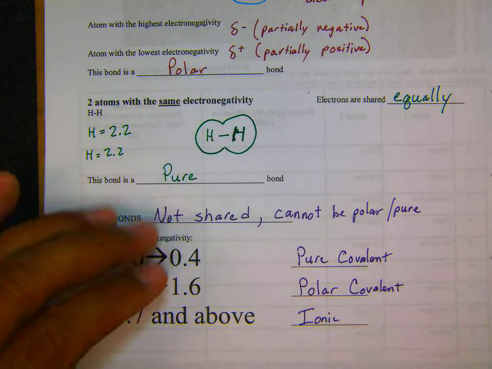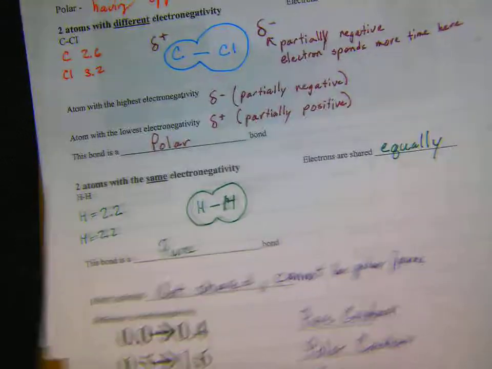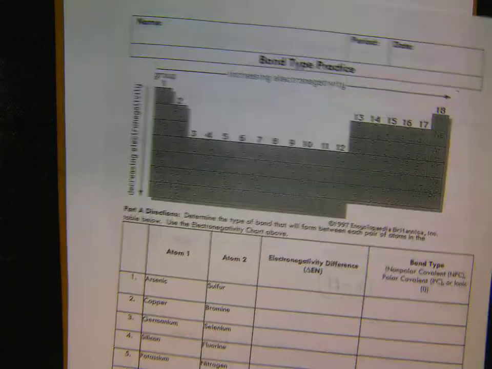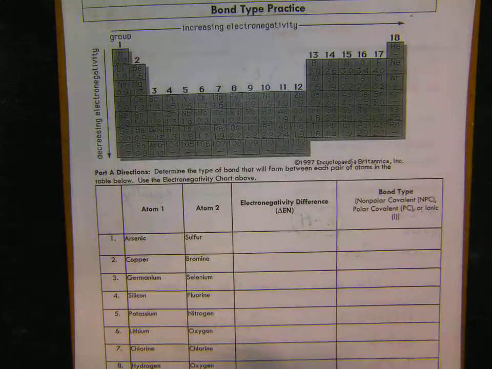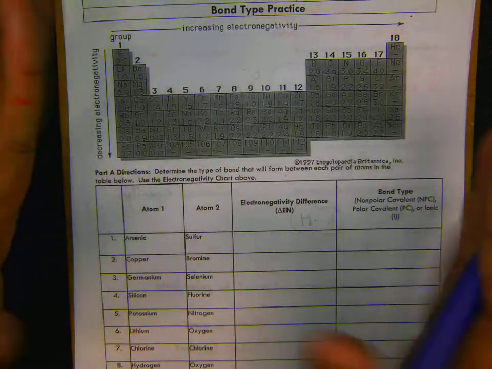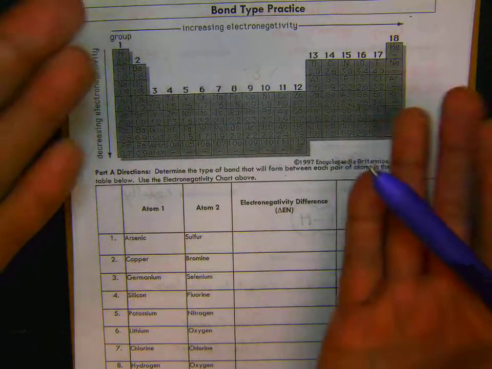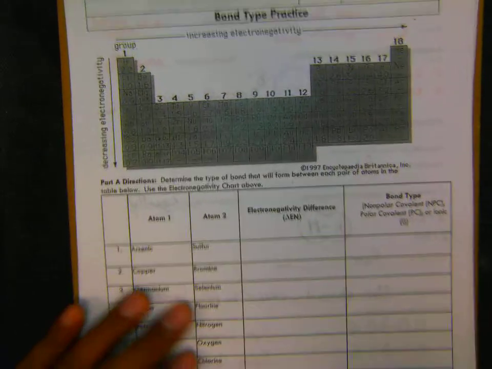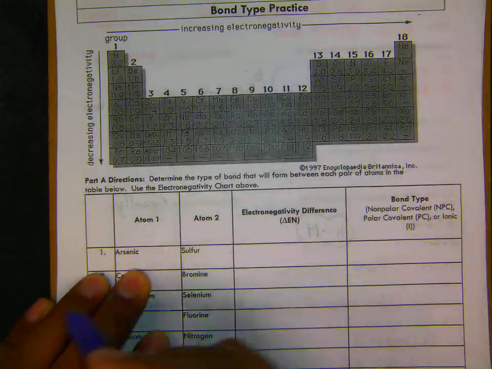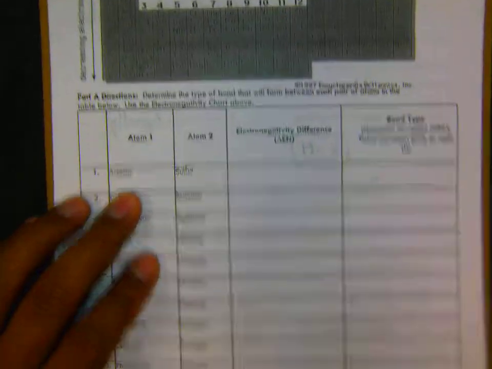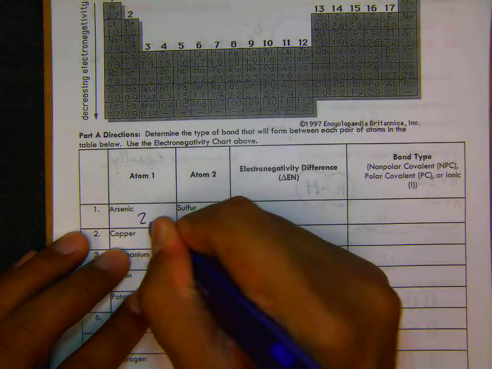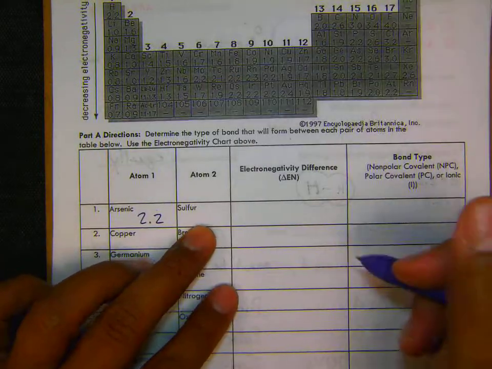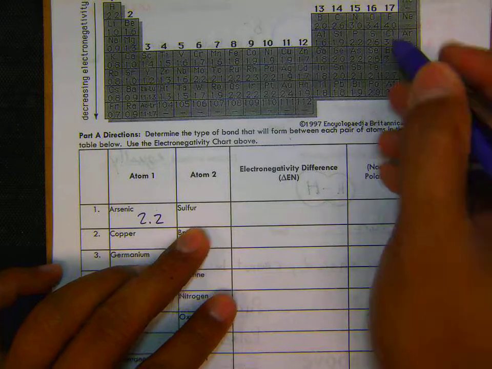All right. So if you go onto the back side, again, with your chart, any time you need to look up electronegativities, here you go. This is your electronegativity chart. Okay? So you can look it up here. Now, if we look at arsenic, what's the electronegativity of arsenic? 2.2. And sulfur, what's the electronegativity of sulfur? 2.6.